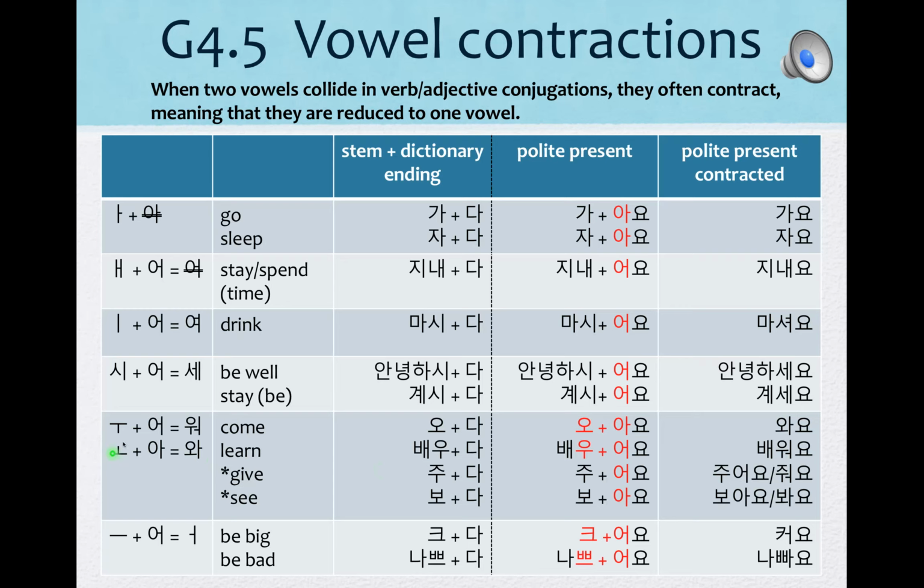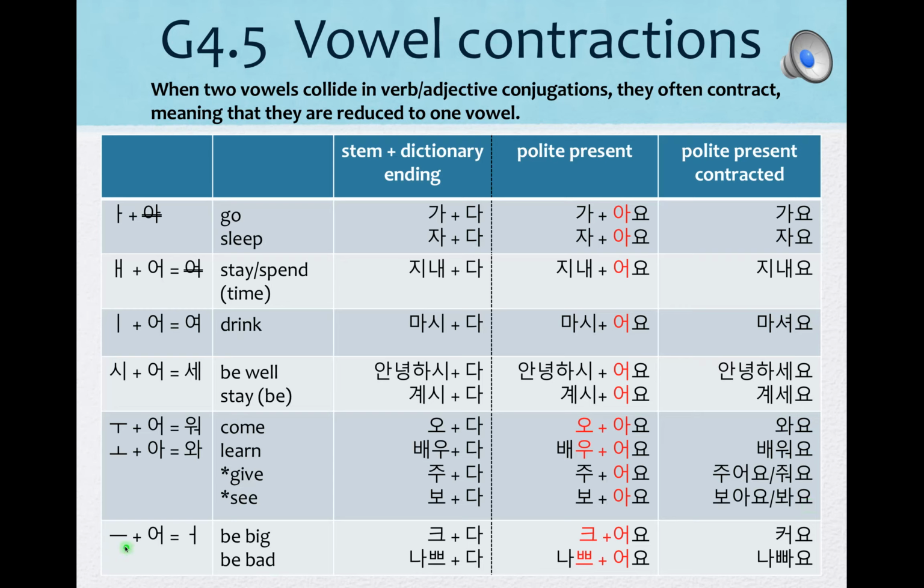It's this one, right? 배워요. 주, this is dark also. 주다. 주어요, or 줘요. 보다, to see. 보, this is bright. So 보아요, or 봐요.